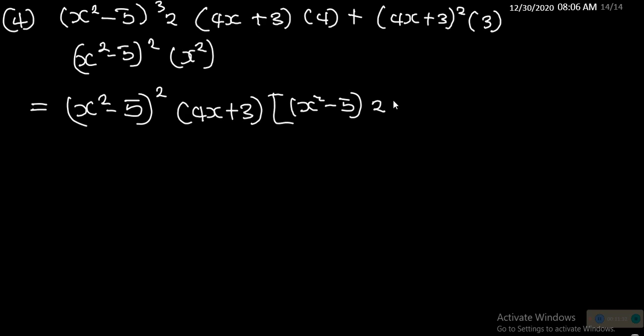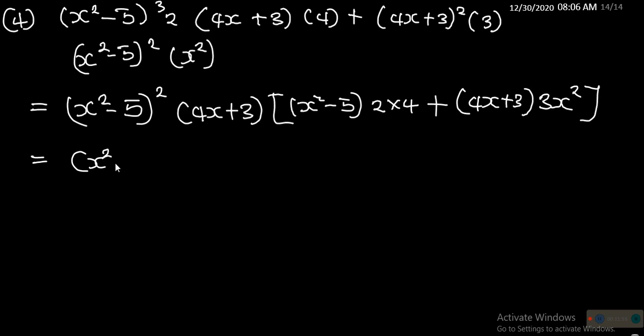In the first, the plus 3 will be gone, and then it will be 4 multiplied by 4, then 4x plus 3 here will give us 4x plus 3, and x squared minus 5 there will finish, and then we are left with 3x squared. So we can open the square bracket there.